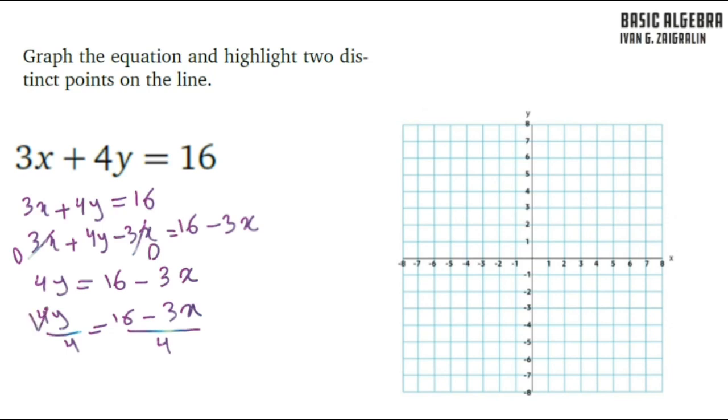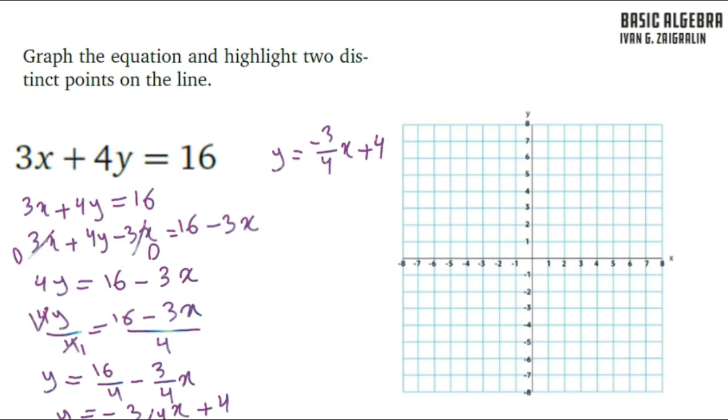This 4 over 4 is 1, and y equals 16 over 4 minus 3 over 4x, and y equals negative 3 over 4x plus 4.